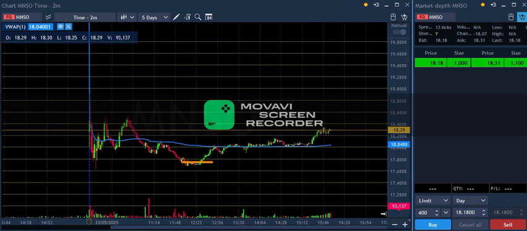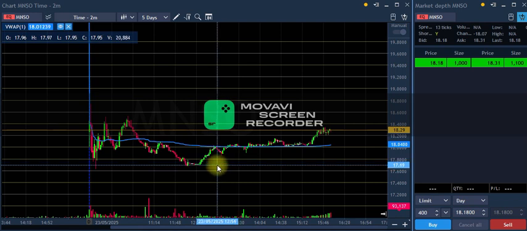You know what? Let's do it manually with the platform. It will be way more accurate. You can see it's trading here between 17.73 and 17.69 or 71. So in this 2 to 3 cent range.